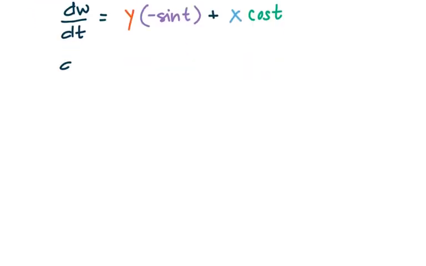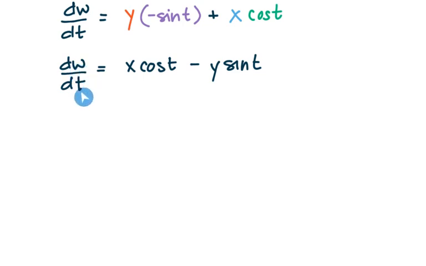So I'm going to rewrite this. This is dw dt, I'm going to say x cosine t minus y sine of t. All right, so we're almost done, but this is the derivative of w as a function of t, which means this x and this y need to go away.